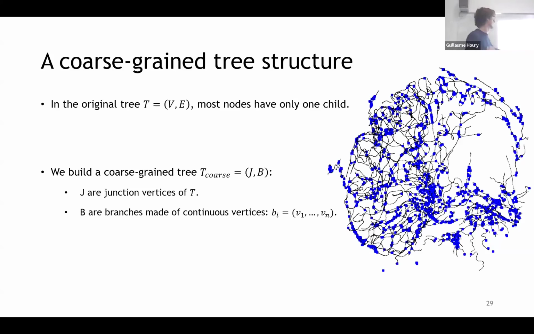More specifically, from our original tree, we build a coarse one whose vertices correspond to the junctions of the original tree that I depicted in blue here, and whose edges correspond to each single blood vessel.